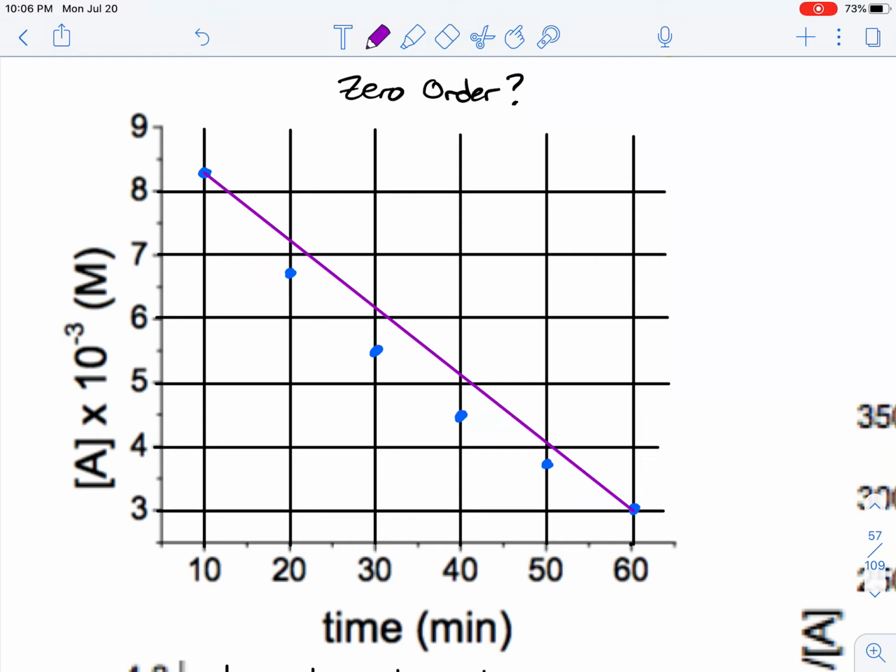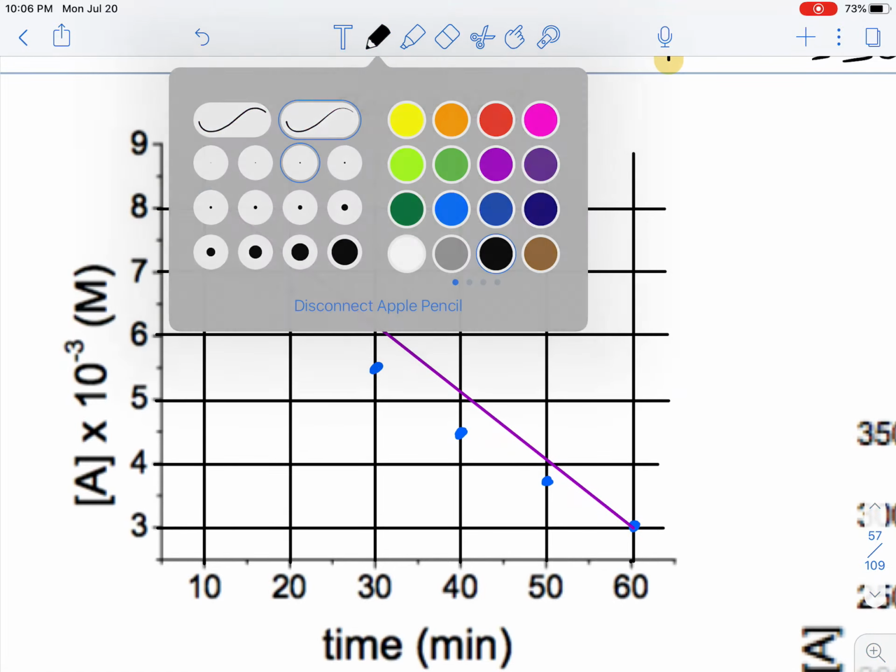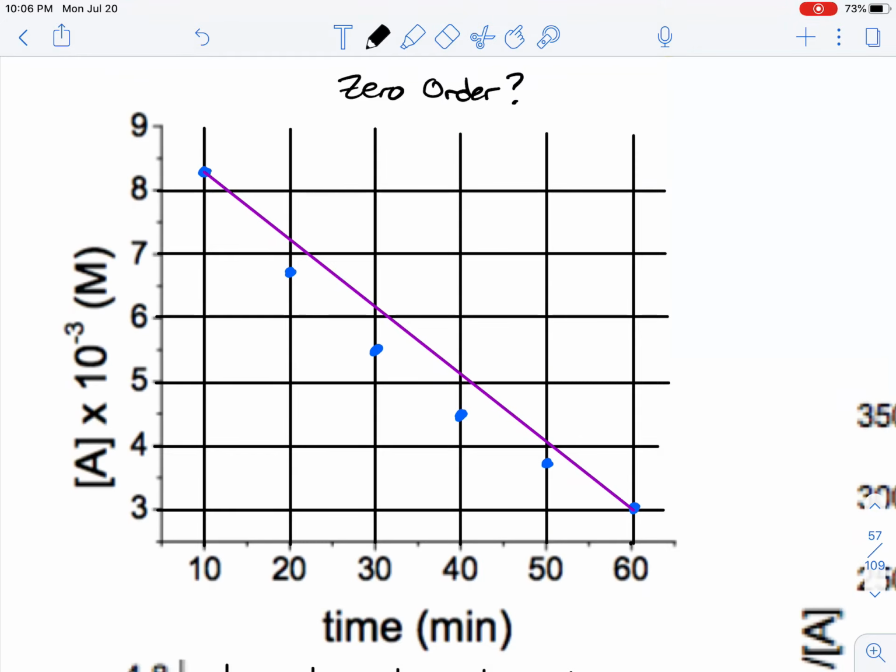And so notice that once I've connected the first and the last point, there's a whole bunch of points that do not fall on this purple line. And so since not all of the points line up on that purple line, that means that the points kind of curve. And when the points curve, it's telling us as the reader that this reaction fails the 0 order test.